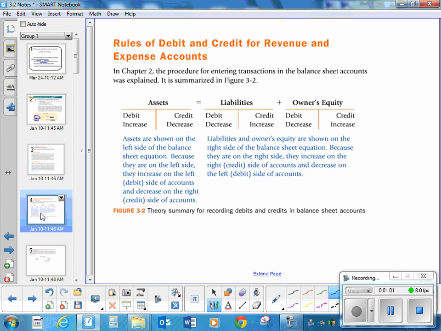From our other section, we've already learned about the T accounts for assets, liabilities, and owner's equity. Just as a quick reminder before we take it up a notch here, we're going to do exactly the same thing now for revenue and expenses.